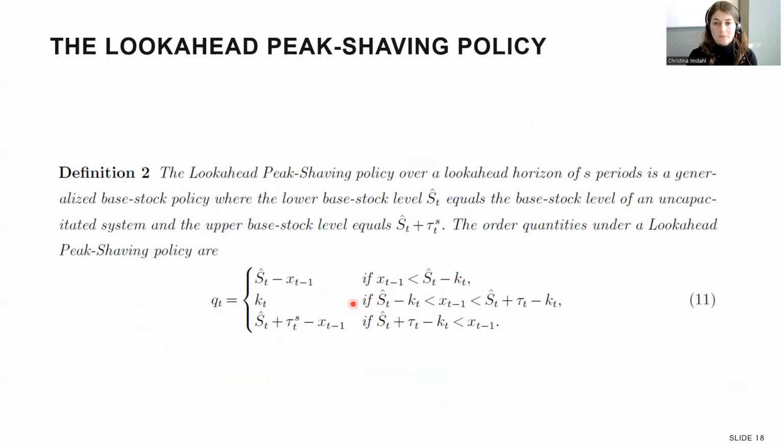Here we look S periods ahead and formulate a lower base stock level as the optimal base stock level in the linear system, and the second base stock level as the base stock level in the uncapacitated system, plus the shifting need over the next S periods. And then the lookahead peak shaving policy has this generalized base stock policy structure with these two different base stock levels.